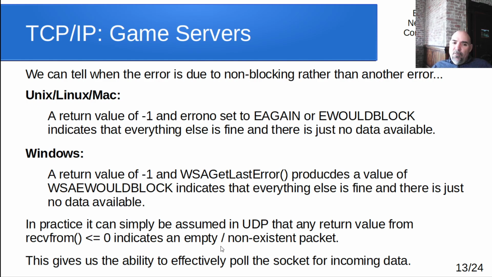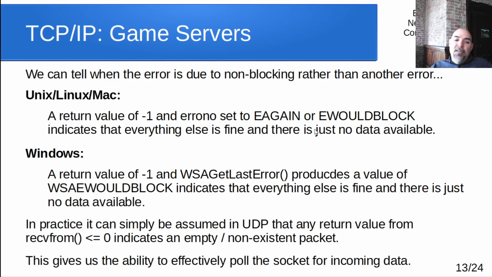There's a slightly different way to do that in both Unix and Windows. In Unix, it'll return a -1 and it'll set the errno global variable to EAGAIN or EWOULDBLOCK, depending on which variant of Unix you have. If it sets it to either of those, then we know that everything's fine. There's just no data available.